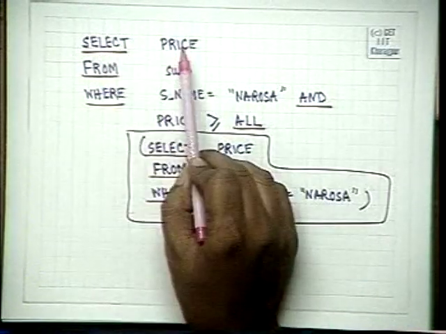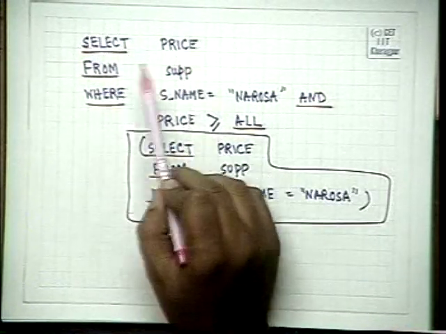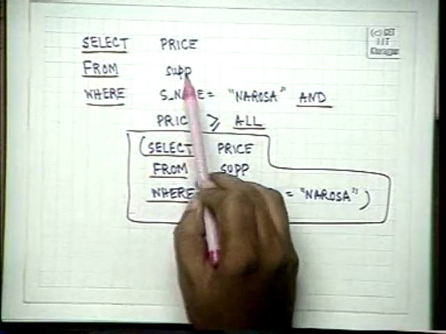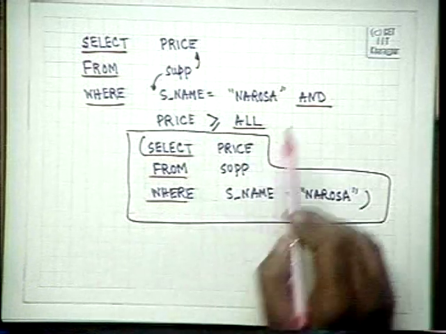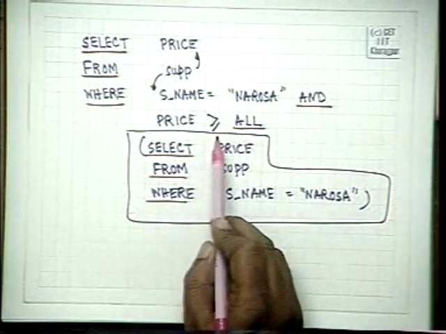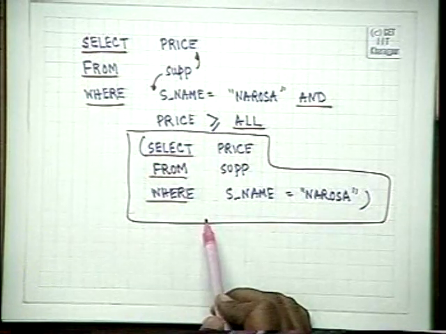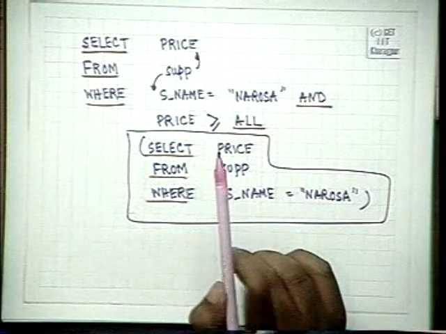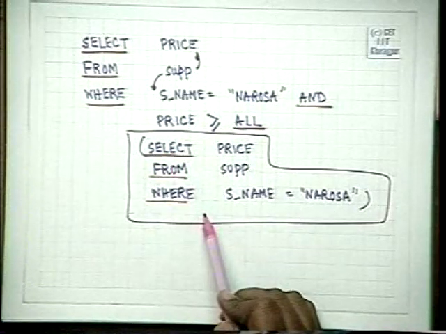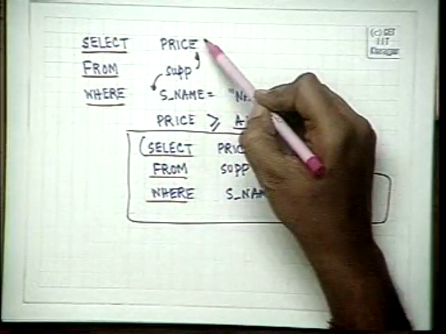And now from here I want to select price from sub where S name is Narosa. This price is related to this fellow, and this price is greater than or equal to all of this. So the price of Narosa which is the maximum will be the only one which is greater than or equal to all of this. So that price you will get out here.